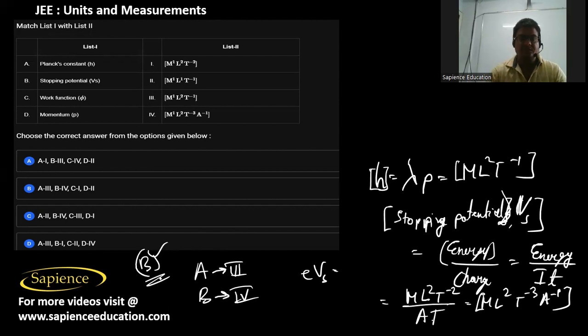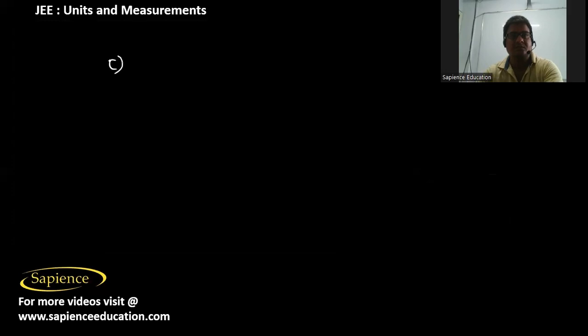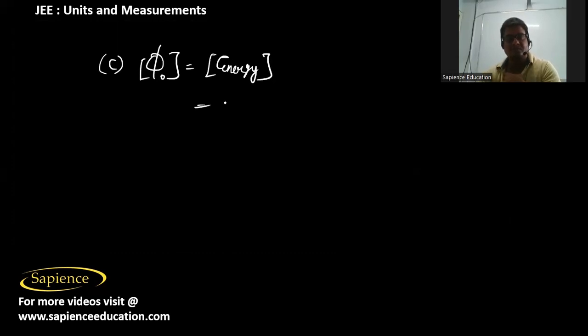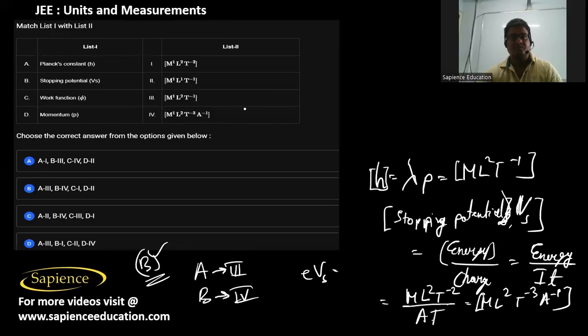But still we can check the C and D parts. For C, that is work function, phi naught has the unit of energy only, that is ML squared T power minus 2.